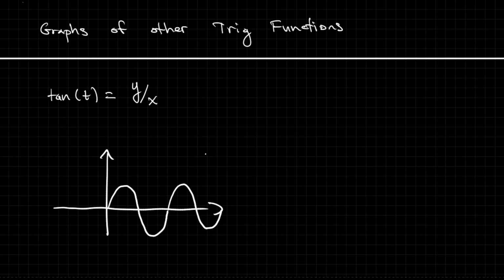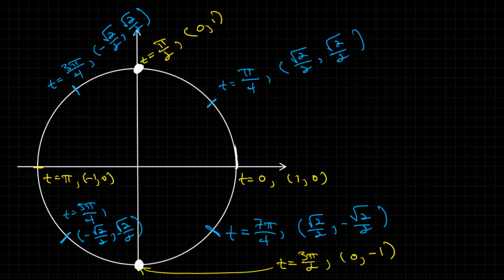So in some ways, displaying one period gives you information about the entirety of the graph. And to graph one period of sine of t and cosine of t, we needed to graph between 0 and 2 pi. In other words, we needed to get the t-values for one full revolution of the unit circle.